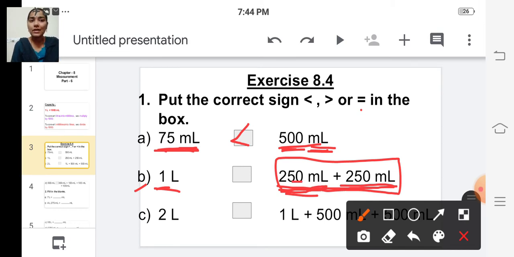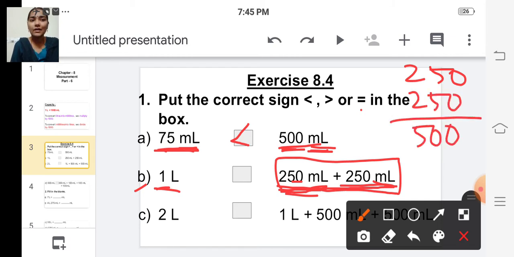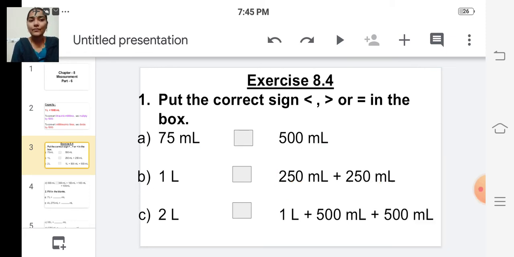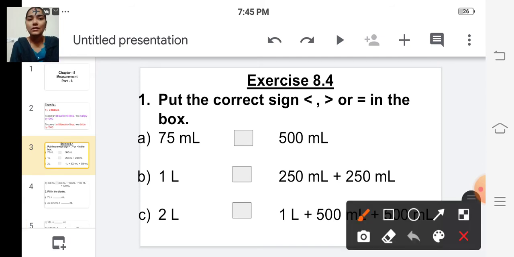Here also milliliter and here also milliliter, so we can add directly. So 250 plus 250 milliliter, which is equal to 500 milliliter.